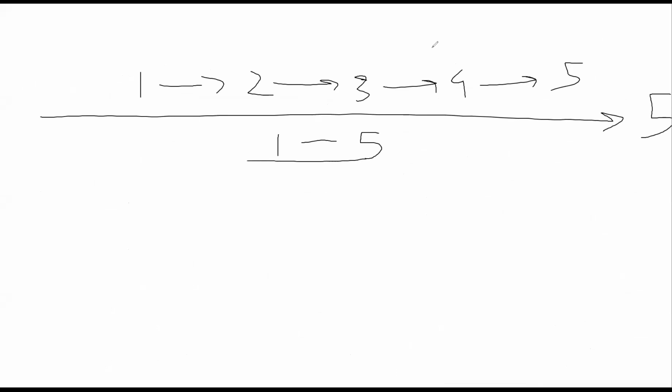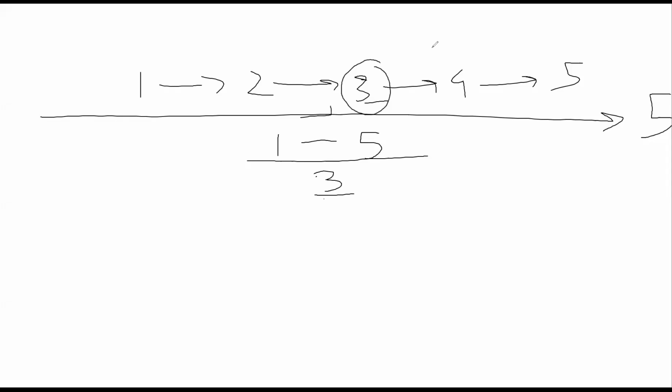Now we know where the middle element will be: 5 plus 1 divided by 2, which is 3. So the third position element is your middle element. You can directly take this 3 and find the third element.